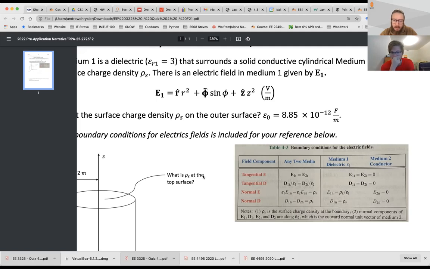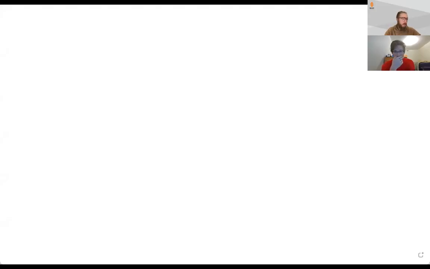E1, let me close this and open a whiteboard. So we have this is the dielectric permittivity, and we usually write it like this.